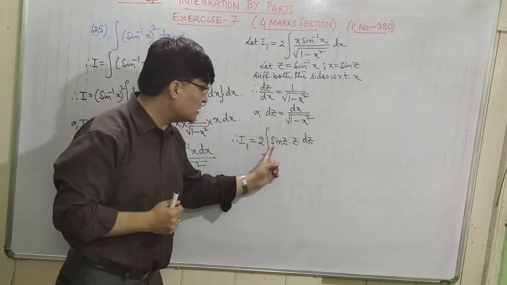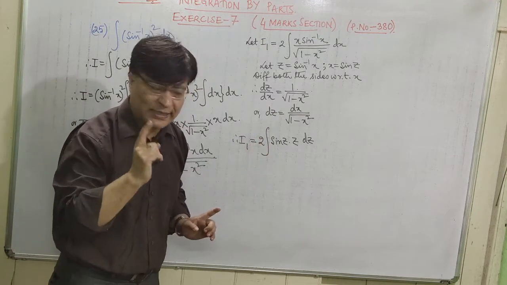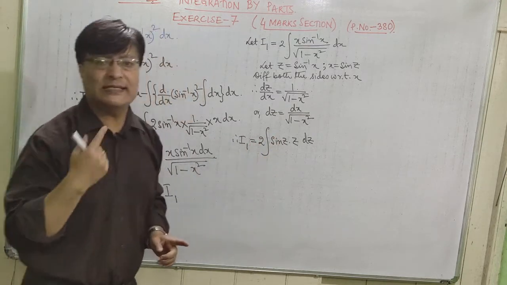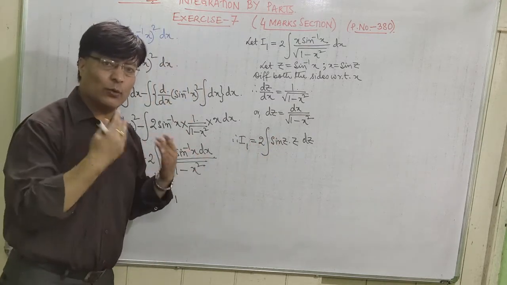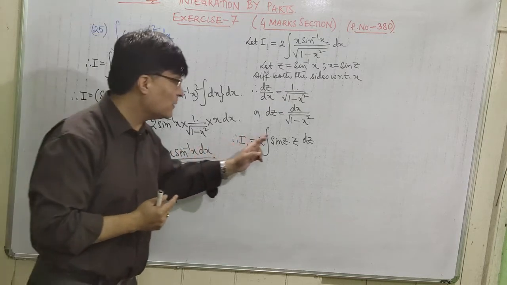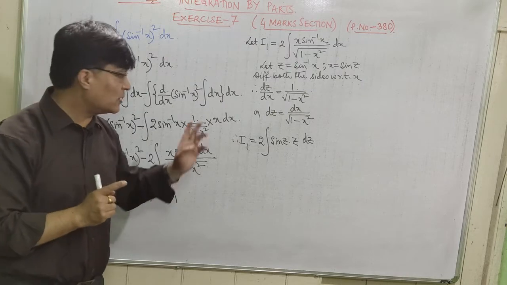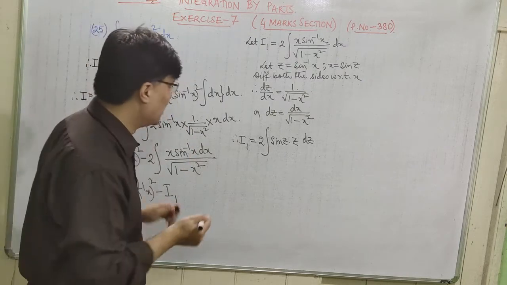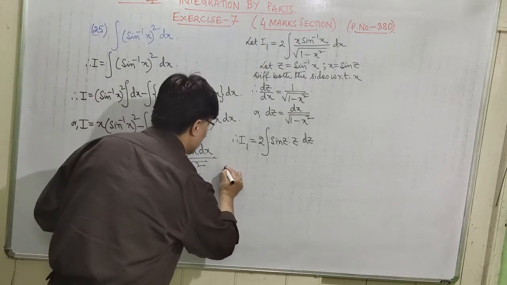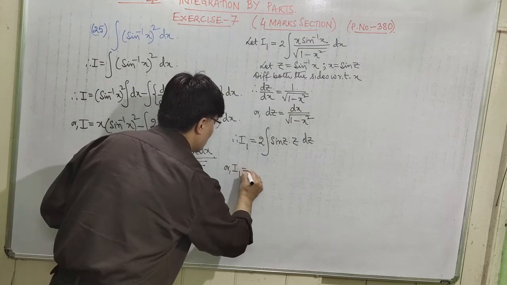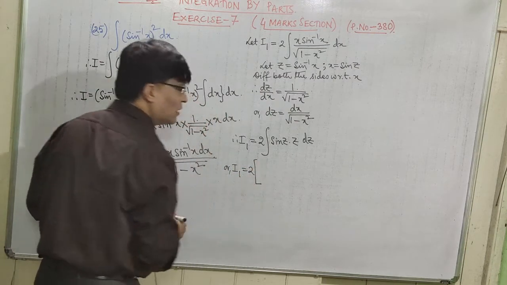So now here sine z is the trigonometric function, that is T, and z is the algebraic function, that is A. So in this case, in the word ILATE, which letter comes first? A comes first. That means algebraic function z is the first function and sine z is the second function. So let us use integration by parts, or I1 is equal to 2 within third bracket.